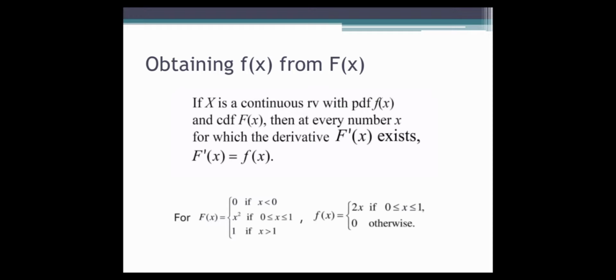So, that is the F of x. Then, f of x is 2x if 0 less than or equal to x less than or equal to 1, otherwise it's 0.